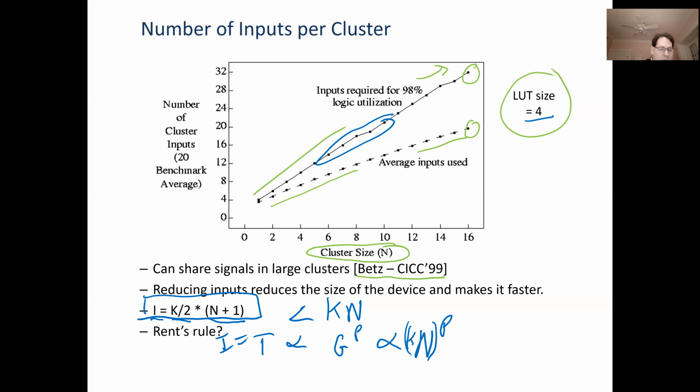It'll work for any one of those things. So my inputs is going to be proportional to the amount of logic to some Rent exponent P. My amount of logic is K times N. So what does their equation imply the Rent exponent is? You just have to figure out how it is varying. What P do you need to make this equation work?